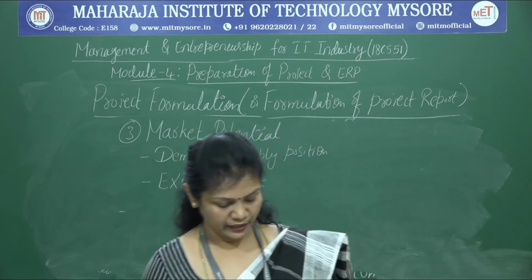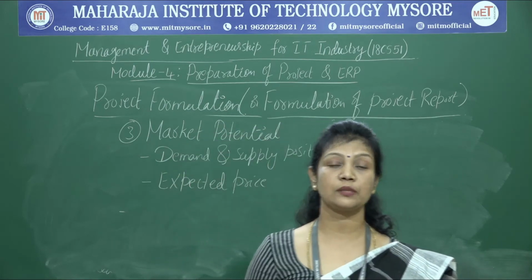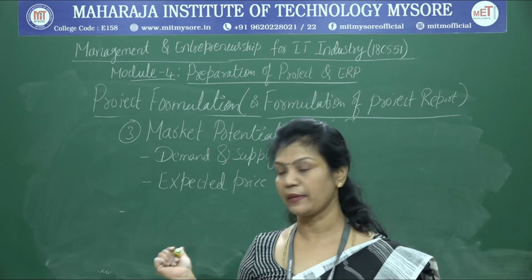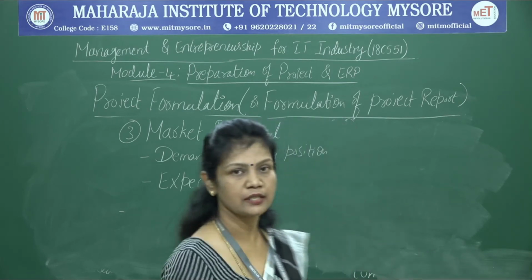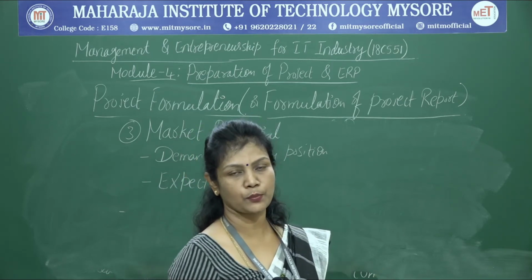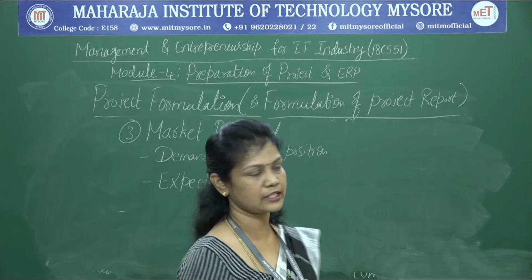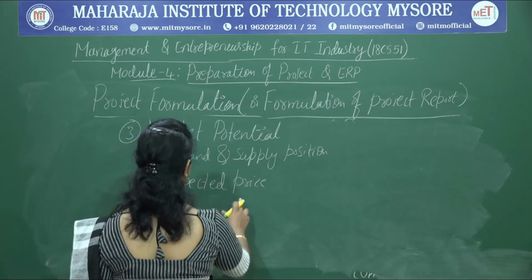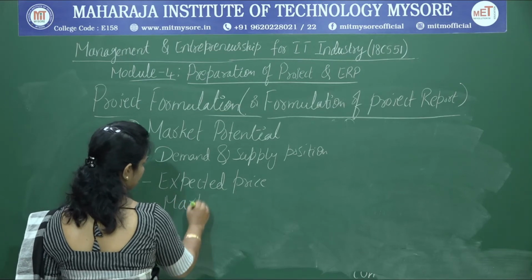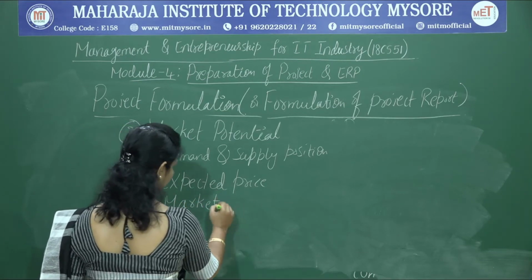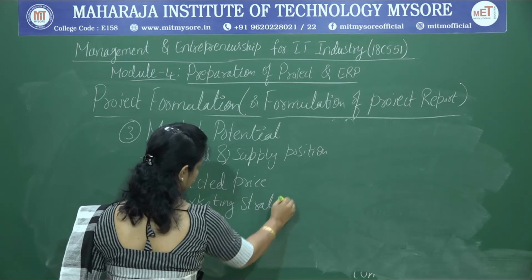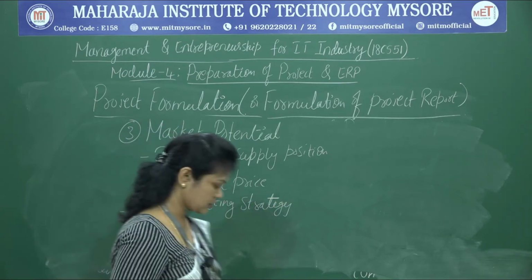Then the next one is the expected price for the product to be realized, which should also be mentioned in the project report. How much money they are going to quote for the product developed by the organization needs to be specified under this expected price. Then the next one is marketing strategy.